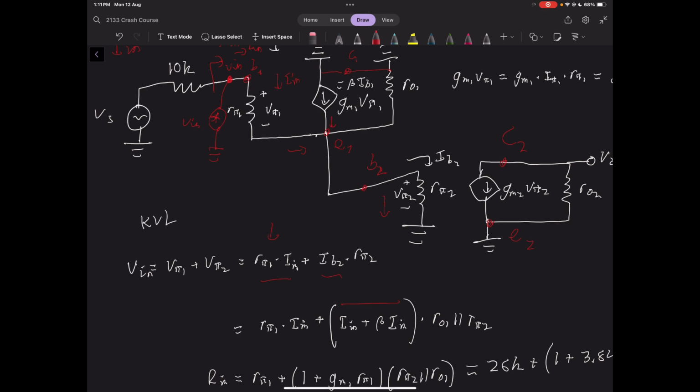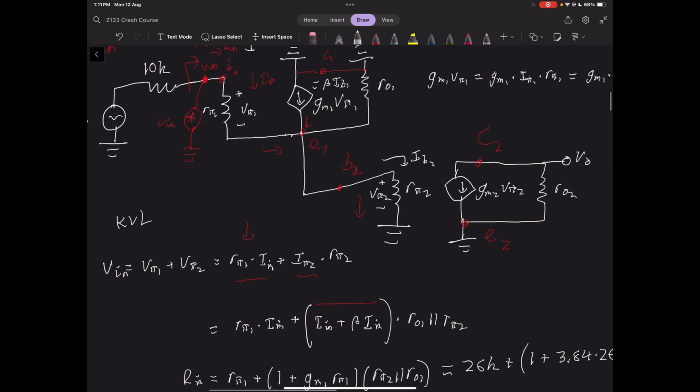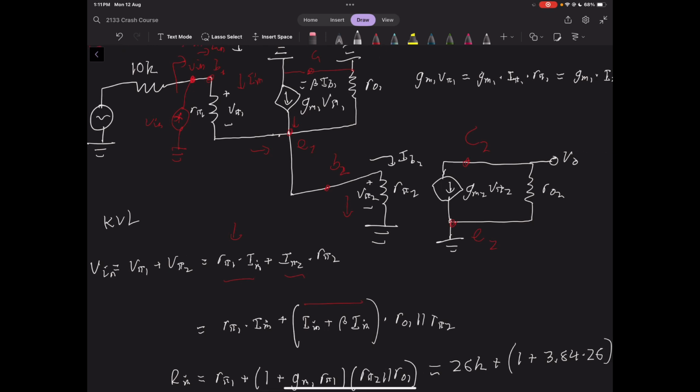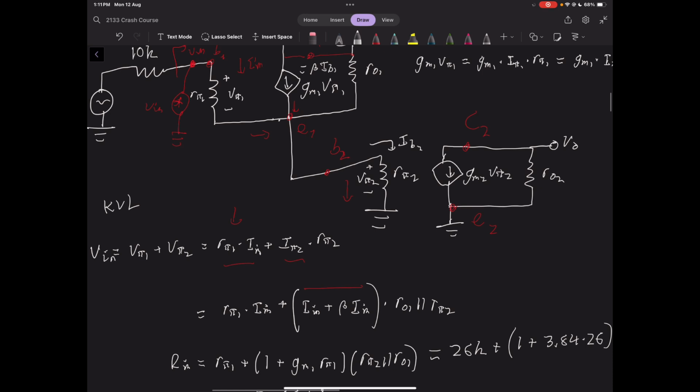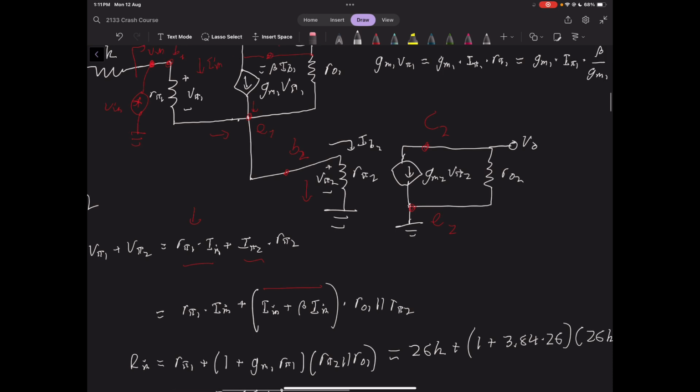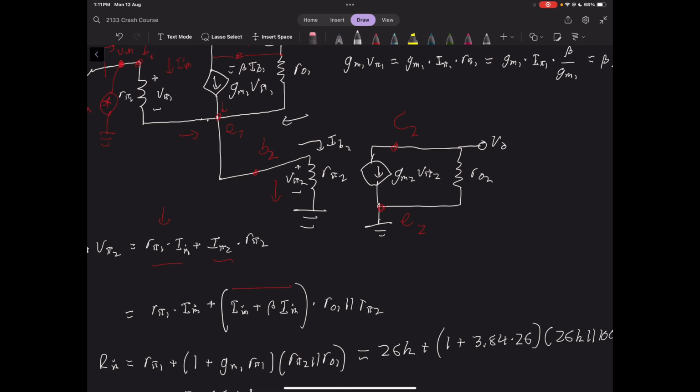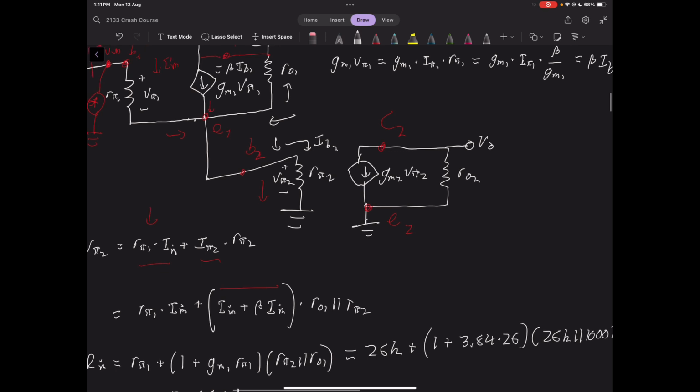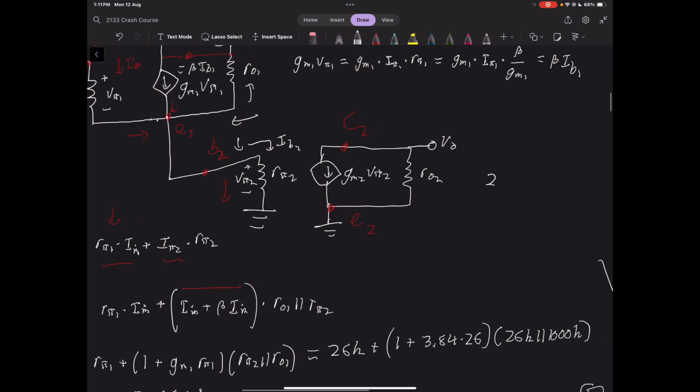It might actually be better if I relabel this as Ipi2, right? Because what this current will really represent is, we can redraw this circuit as these two resistors here, R0 and Rpi2 in parallel. And then if we look at the nodes, I'll just draw it over here. This is our Rpi1 with our In current coming in.